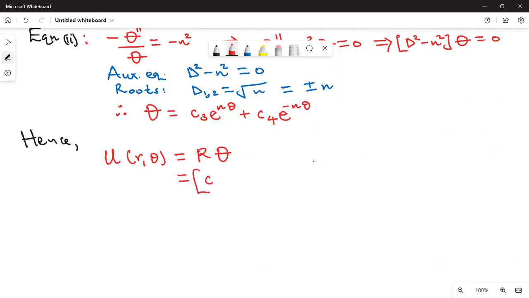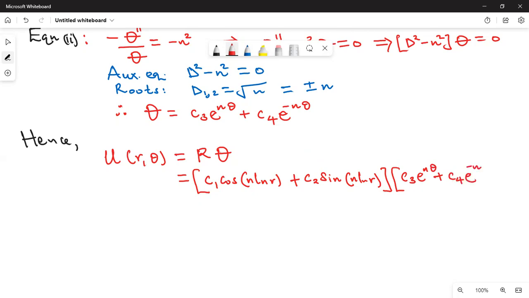Our R capital was C1 cosine of n times ln r plus C2 sine of n times ln r. That's our R capital. Now, the theta is C3 exponential n theta plus C4 exponential negative n theta.